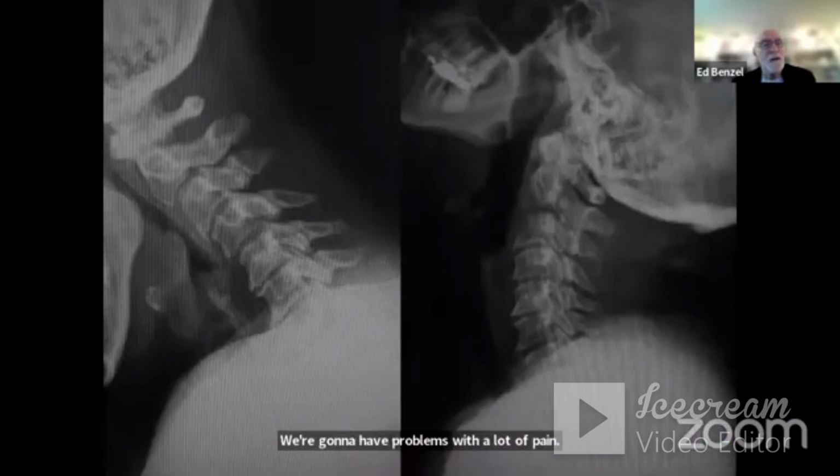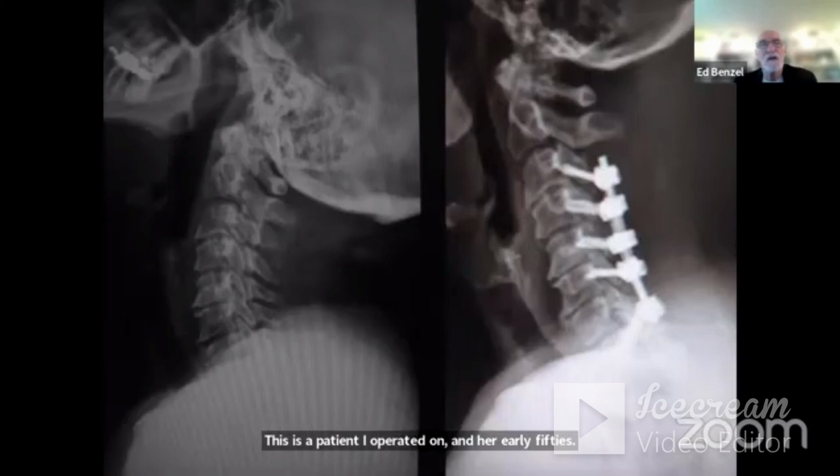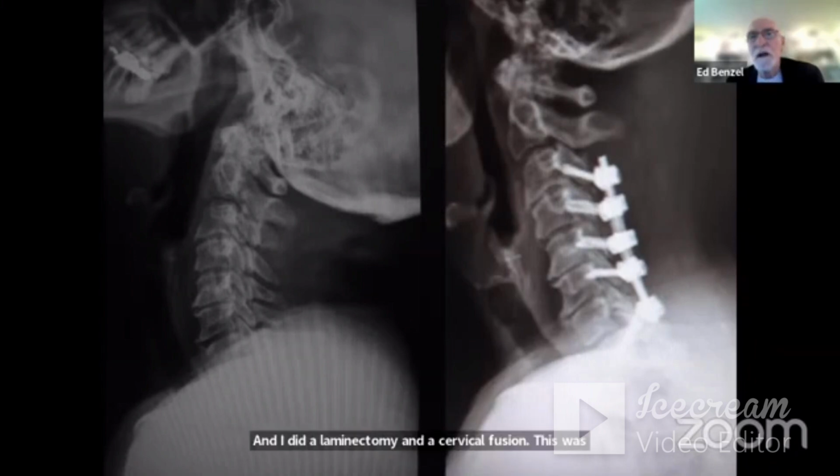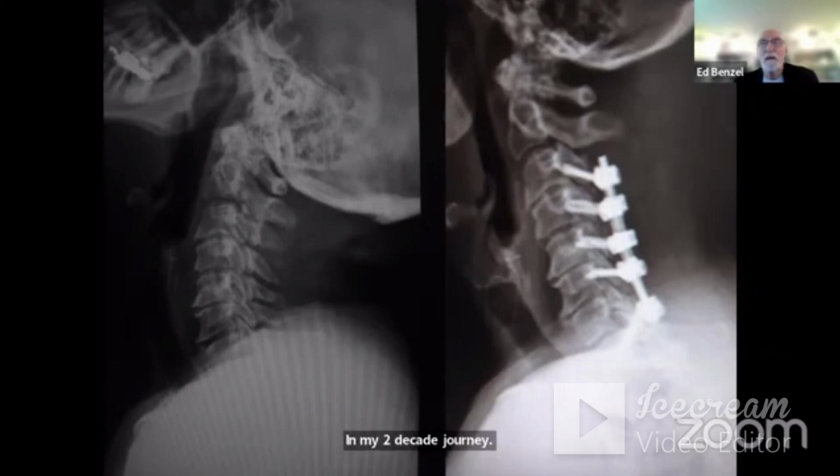This is a patient I operated on in her early 50s. She had these flexion extension x-rays and cervical stenosis, and I did a laminectomy and a cervical fusion. This was early in my 2-decade journey, and it was a mistake. Of course, her myelopathy improved, but she's left with a fixed deformity, essentially, of a straightened spine and a relatively significant SVA.